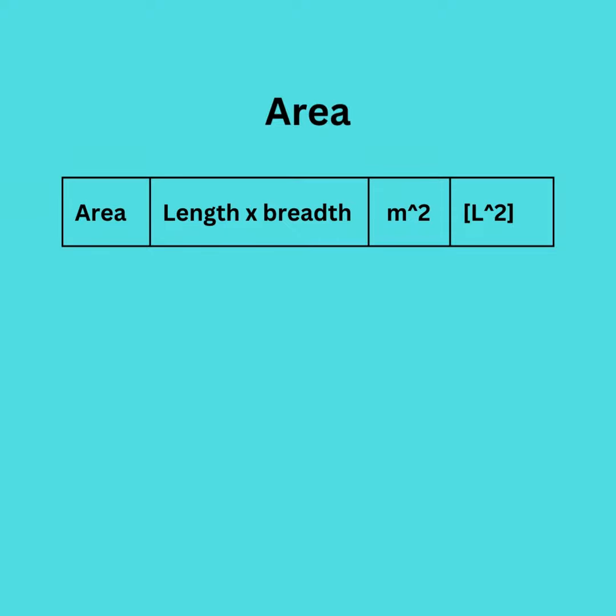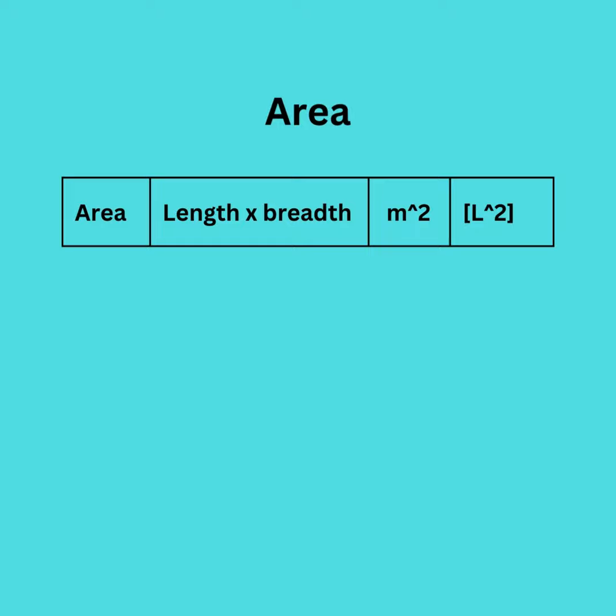But in our physics, length is also a physical quantity, and breadth is also the same physical quantity, length. Measuring the distance between two points will give you the physical quantity length. So length into breadth means we take length into length only.